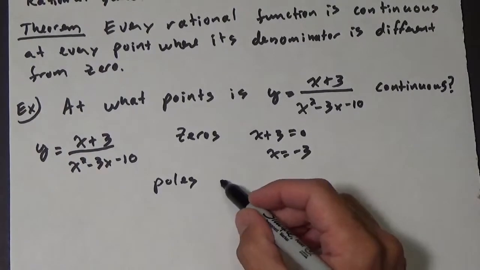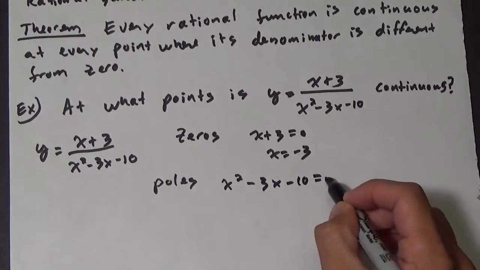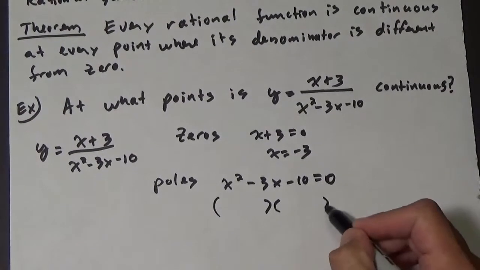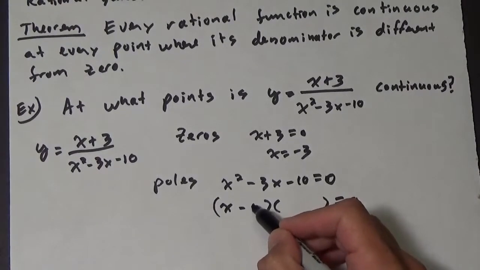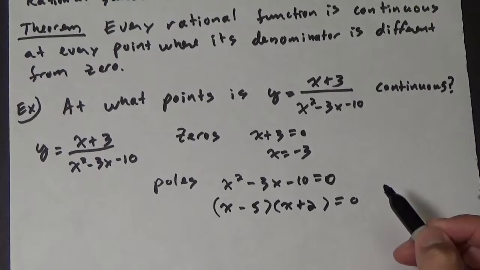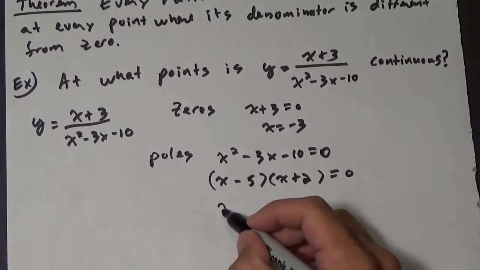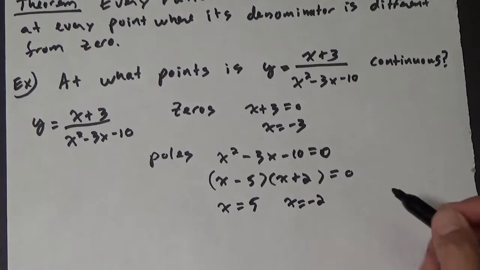So we have x squared minus 3x minus 10 equals 0, and we've got to factor that. So what do we get? We get x minus 5, x plus 2. Yeah, I think that's right. So then we get x equals 5 and x equals negative 2.